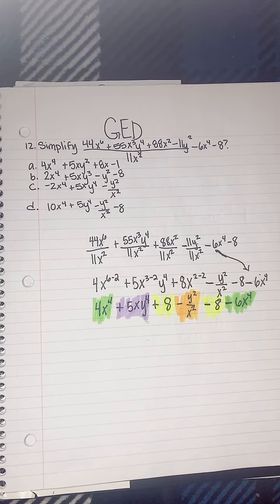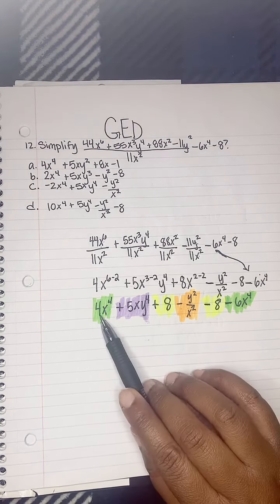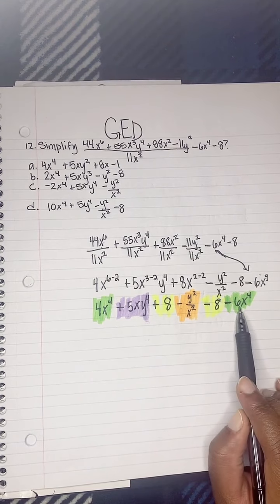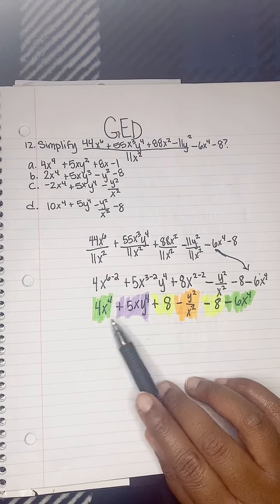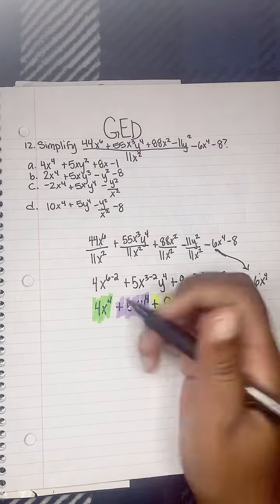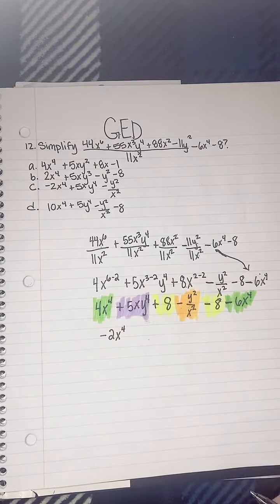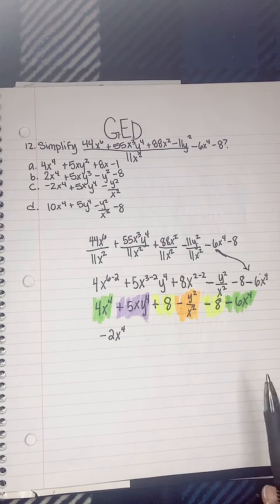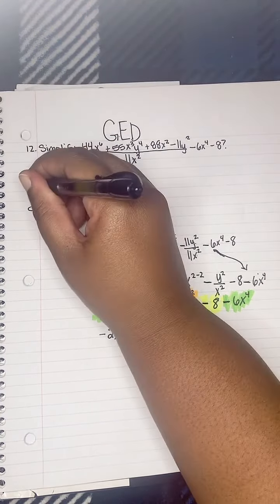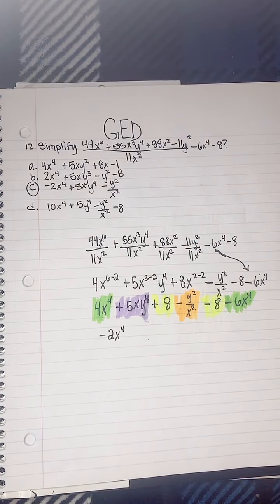So do you guys see the answer? Will we get an A, D? Okay, so 4 minus 6 gives us a negative 2x to the fourth. And the only one that has a negative 2 is C. So C is our correct answer.